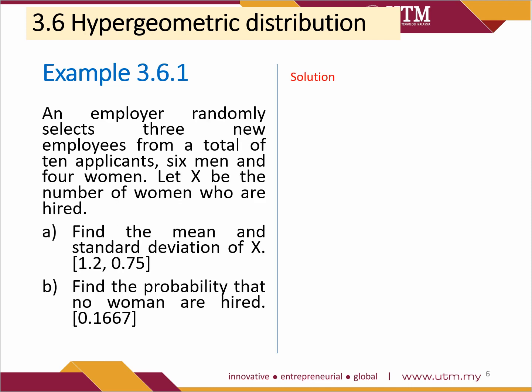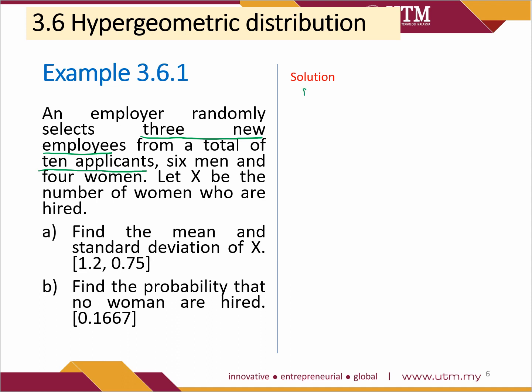So an employer randomly selects 3 new employees from a total of 10 applicants, meaning that here 3 is the number of sample size. And the 10 applicants here show the number of population.